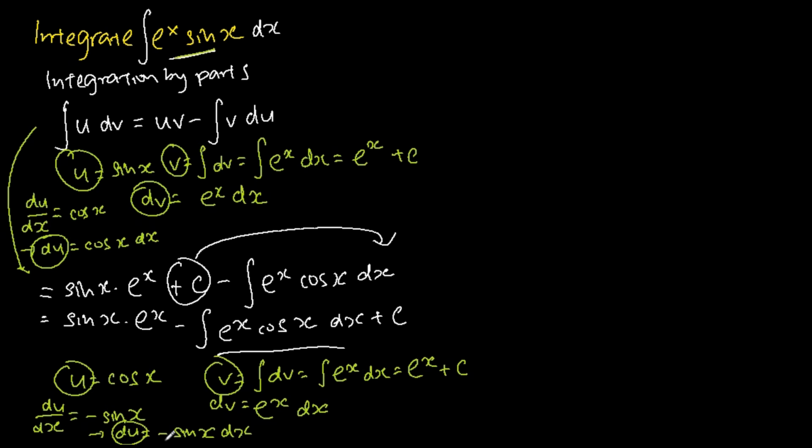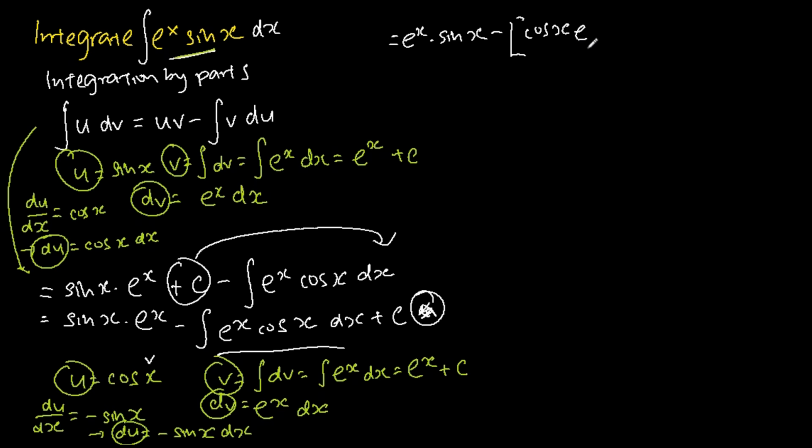Yet again, once we find my u, v, du, and dv, I can use the integration by parts formula to move on to the next step. So this is equal to e to the power x times sine x. So I copy the first term, and then I will evaluate the integral using the integration by parts. So I will get the following. My u right now is cosine x.